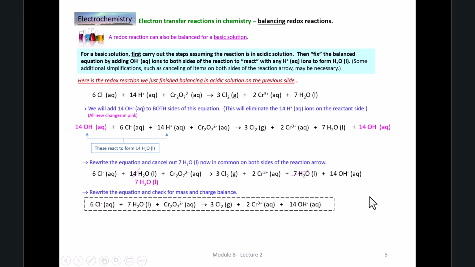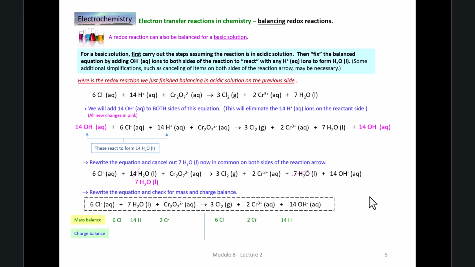Let's recheck for mass and charge balance to make sure this really is balanced. For the mass balance, we have 6 chlorines on the left, 6 on the right. We have 14 hydrogens on the left. We have 14 on the right. We have 2 chromiums on the left. We have 2 chromiums on the right.